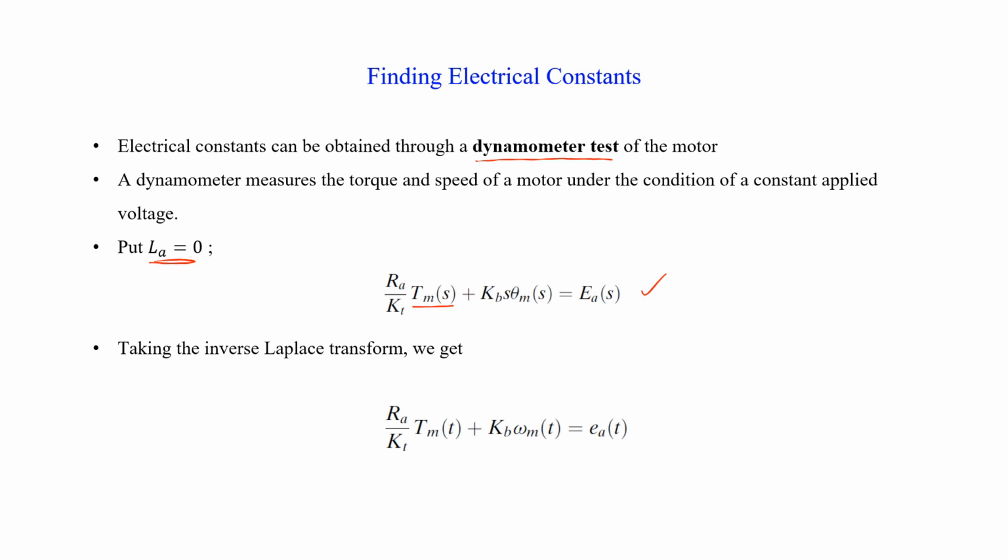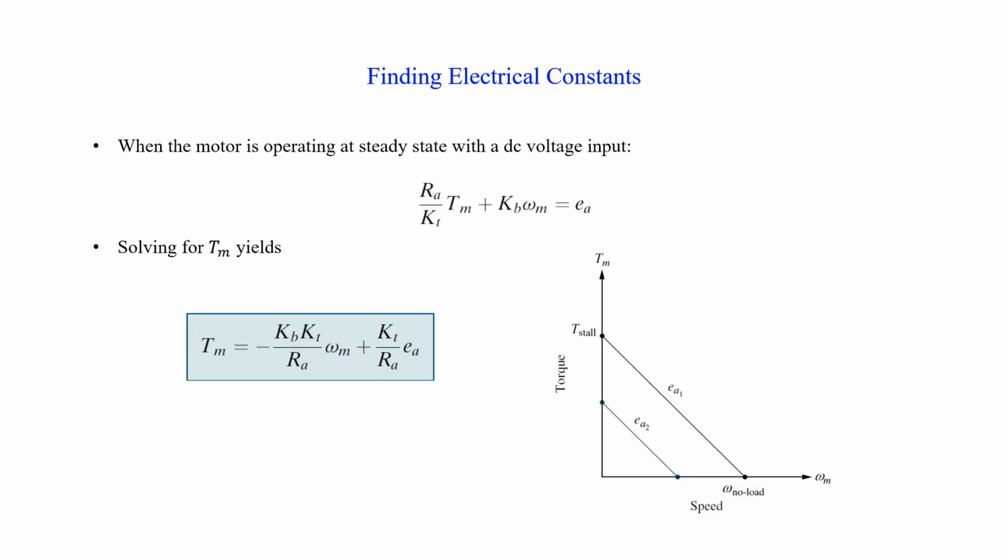To understand this equation in more detail, we have to transform it back to the time domain. So if we take the inverse Laplace of this equation, we will get its equivalent time domain expression written here. When the motor is being driven at a fixed voltage, then we will have a constant torque Tm and a constant speed of the motor omega m.